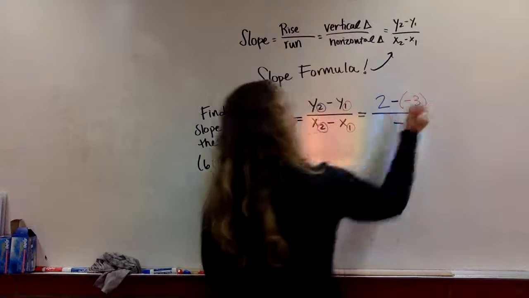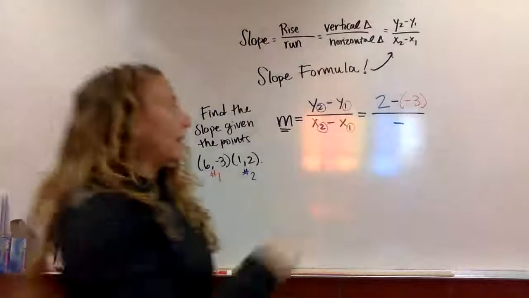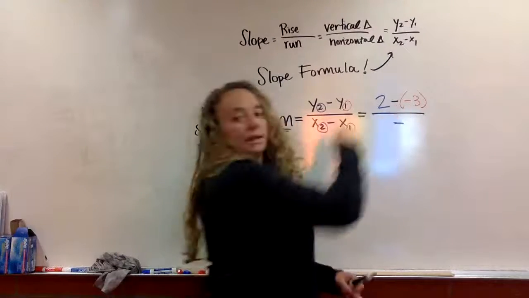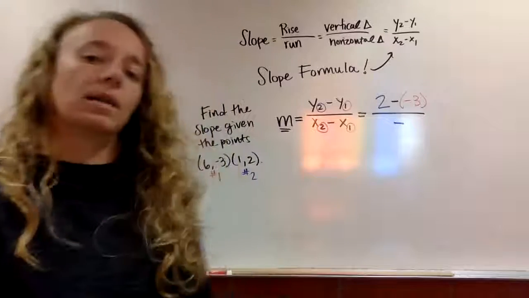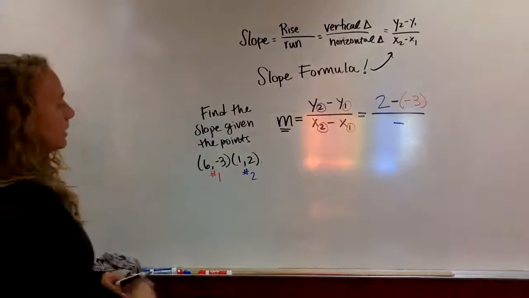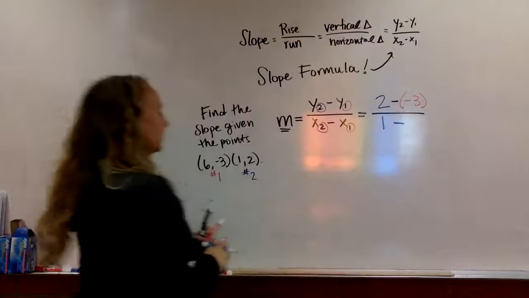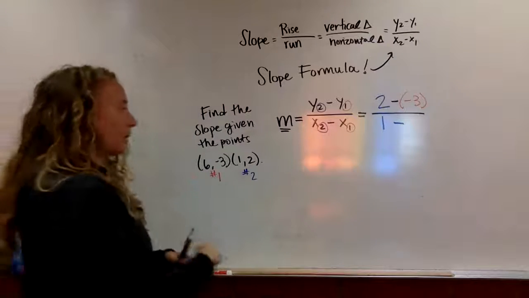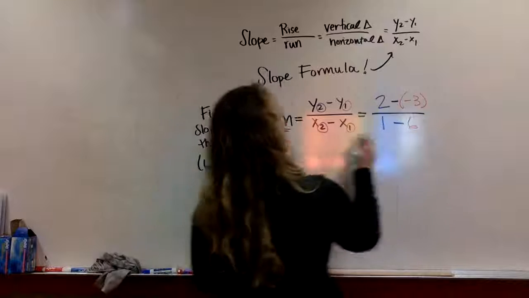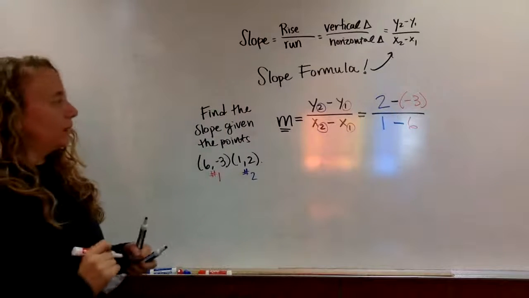Negative 3. Now check that out. I have a subtraction sign and the negative 3. Both of them are in there because they both matter. Now the 1 is going to go in here for the first part of this, and the 6 will go in the second part. That is my x value of the first point.